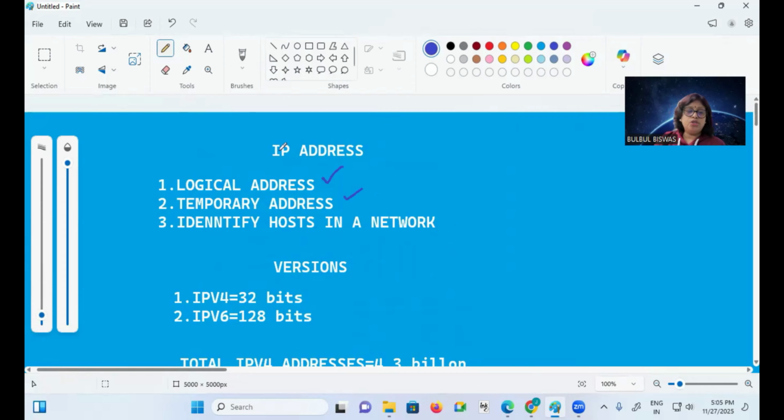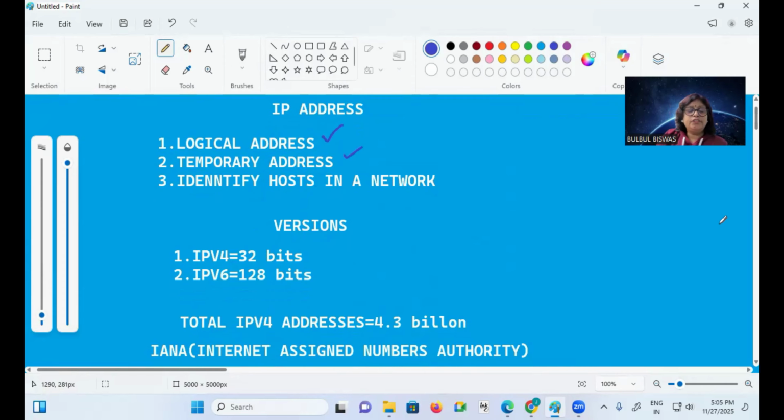Now here is a question. What versions of the IP address are present in the market? We all know there are two versions of IP address. One we call IPv4 and another is IPv6. It is a very long story how IPv6 came into the picture and what the need for introducing IPv6 was.